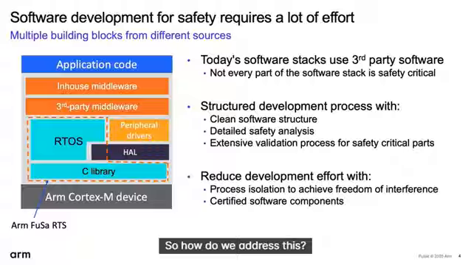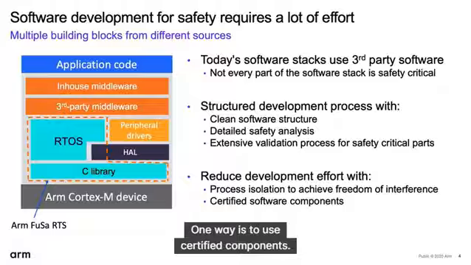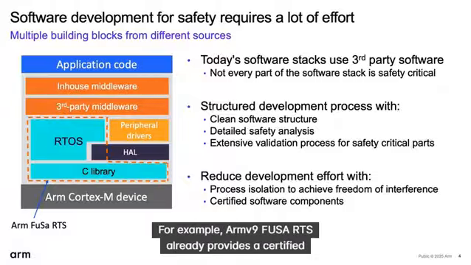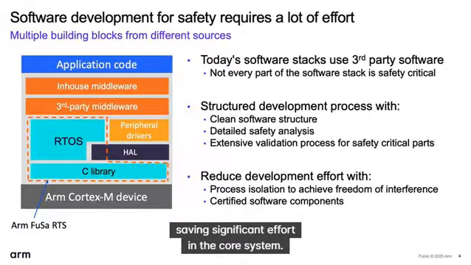So how do we address this? We can't change the standards, but we can reduce the scope of what needs full certification. One way is to use certified components. For example, Arm FuSa RTS already provides a certified RTOS, C library, and part of the HAL, saving significant effort in the core system.